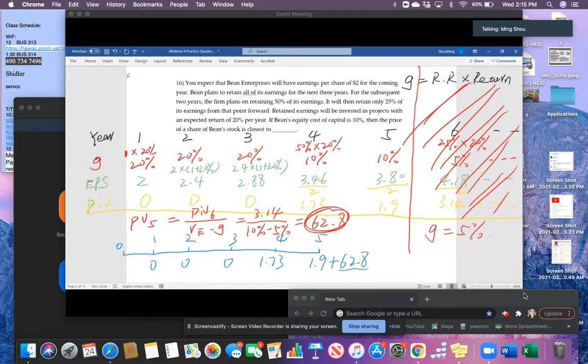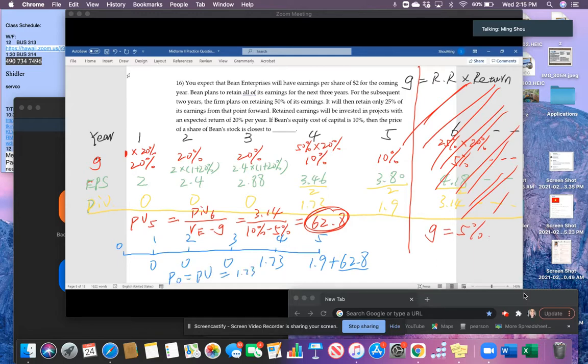So to calculate the stock price is simply to calculate the present value of these cash flows. So we can simply discount it. The stock price is simply equal to the present value of those cash flows.